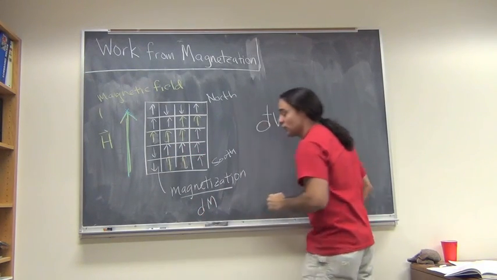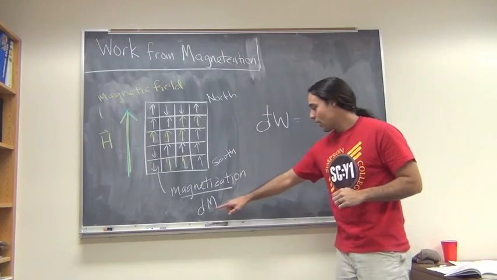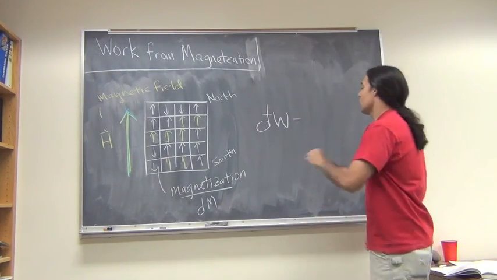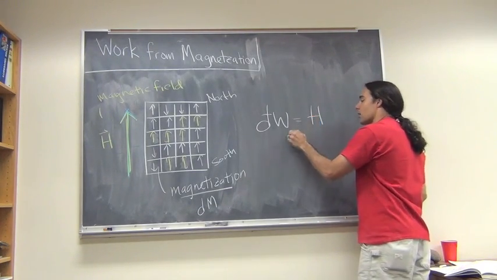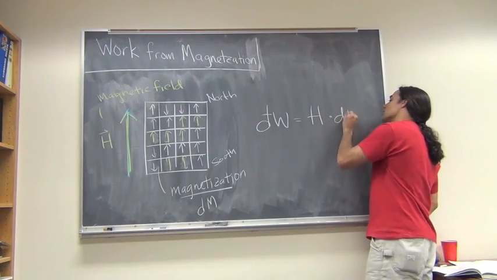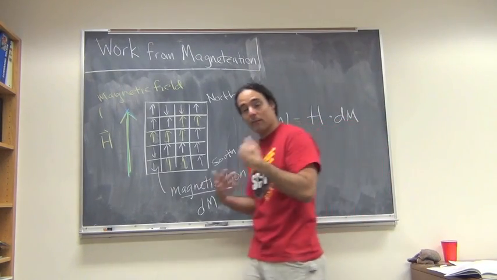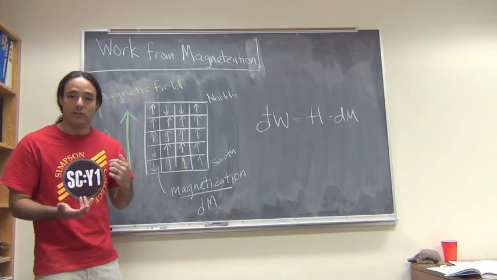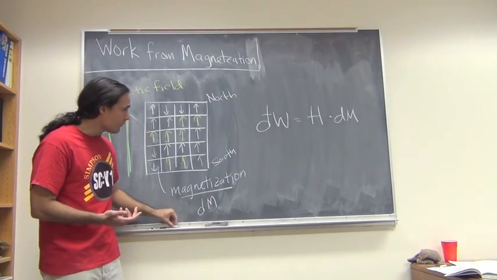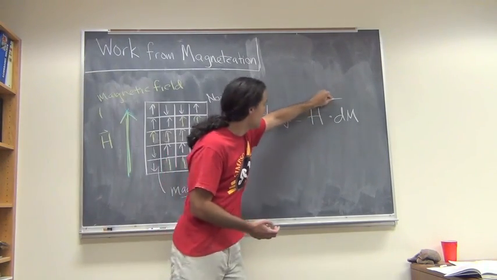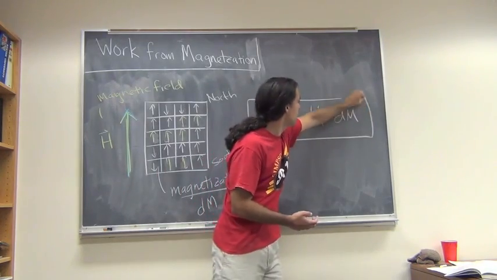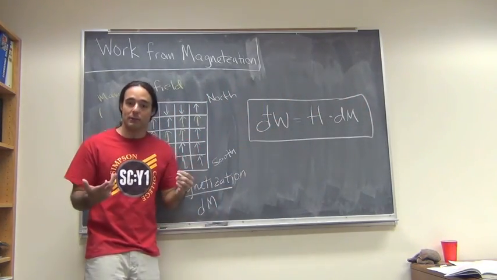If I change my magnetization ever so slightly, I'll call it dm, the work that we're doing is just H dotted with dm. So my magnetic field dotted with my change in the magnetization. Okay, so we can compute our work done on a piece of magnetic material.